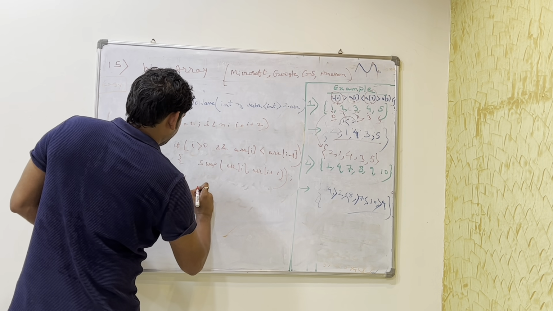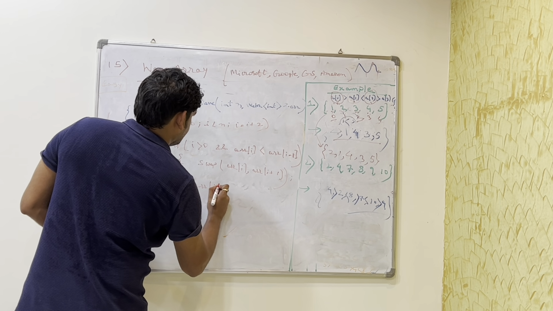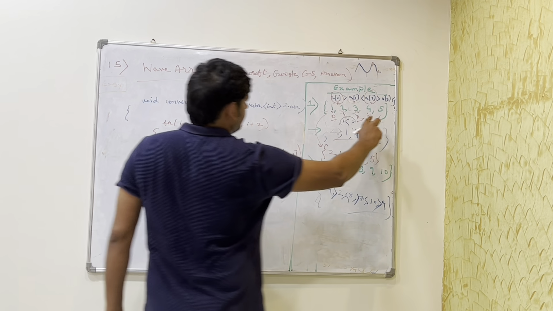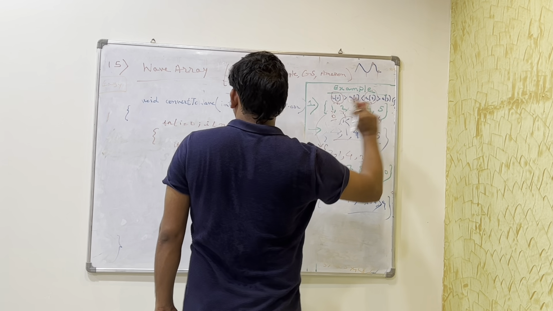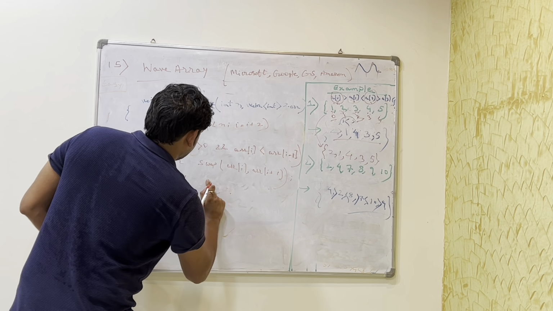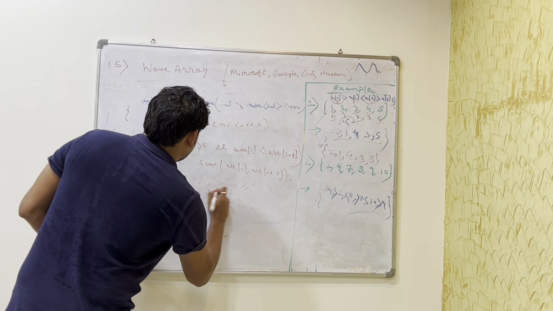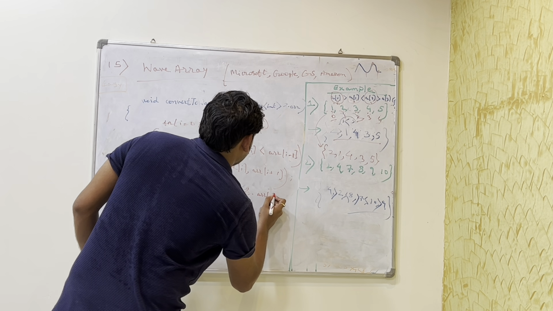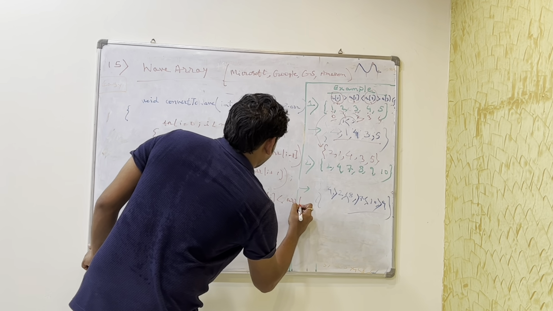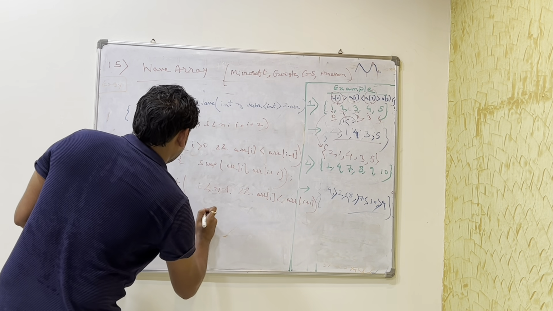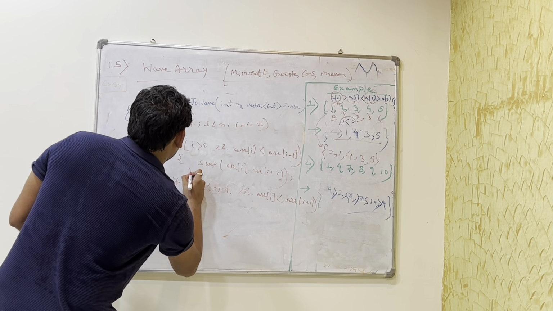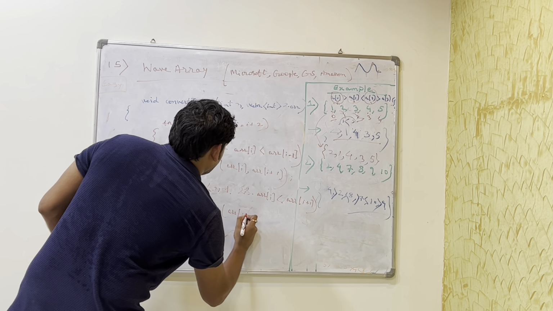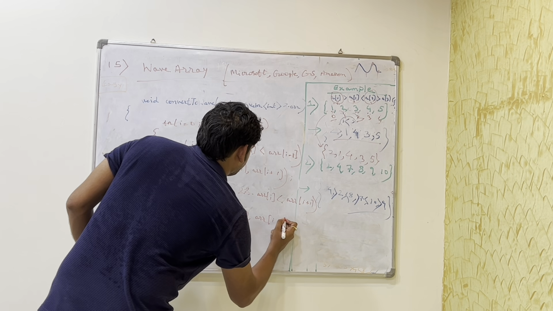Otherwise, if i is less than n minus 1, because we are checking for the right index, n minus 1, and array of i is less than array of i plus 1, then we will swap array of i comma array of i plus 1.